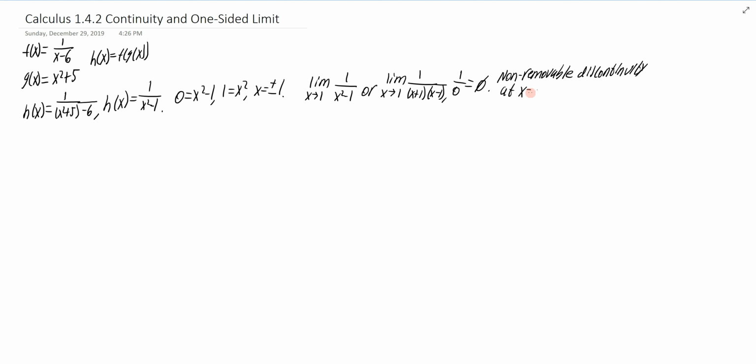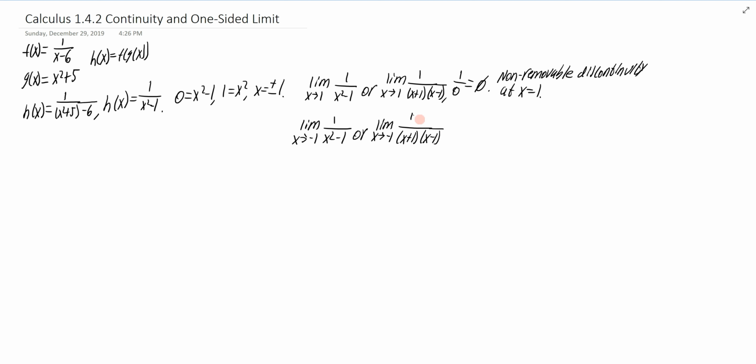Alright, now it's time to perform the exact same test, but at x equals negative 1. So let's say the limit as x goes to negative 1 of 1 over x squared minus 1, or the limit as x goes to negative 1 of 1 over x plus 1 times x minus 1, like this.